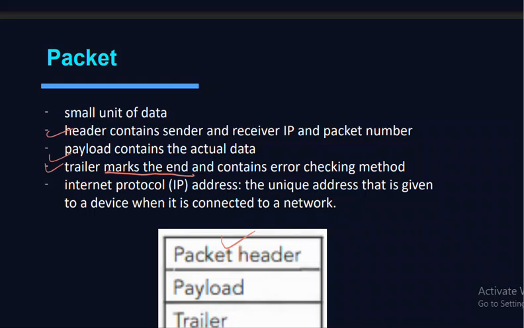If there is a mistake, the trailer will mark it. They will find it, mark it, and then use error checking methods to recheck or resend the data.